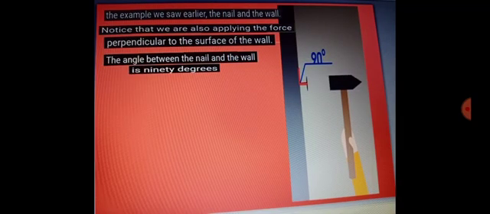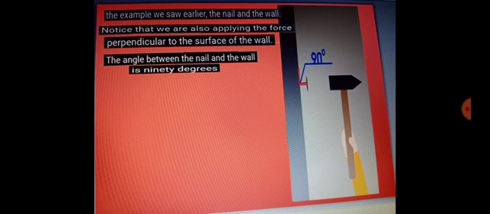The example we saw earlier, the nail and the wall, notice that. So now we got the answer why the flat end of the nail does not pierce the wall easily, whereas the pointed end of the nail pierces the wall easily. Because in the pointed end the area is less, and therefore when the force is applied, the pressure becomes more, therefore the pointed end pierces easily.